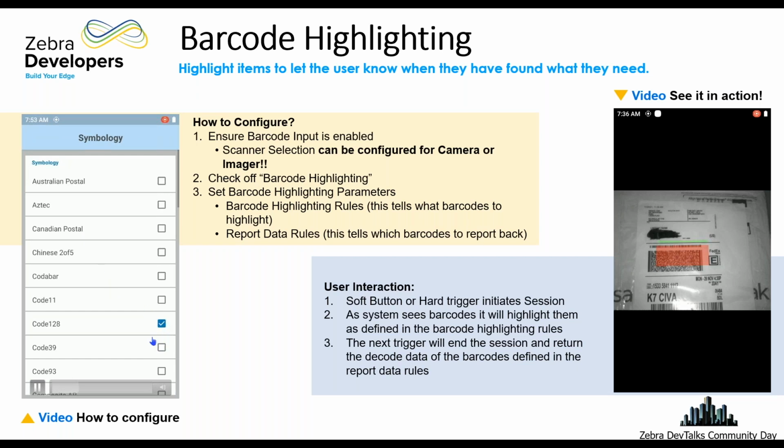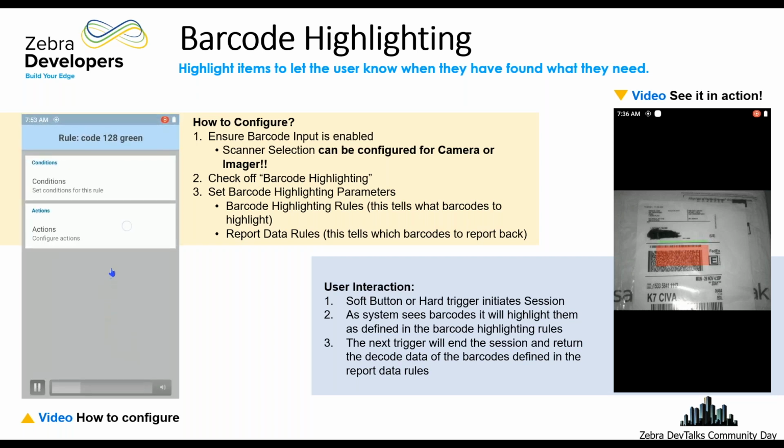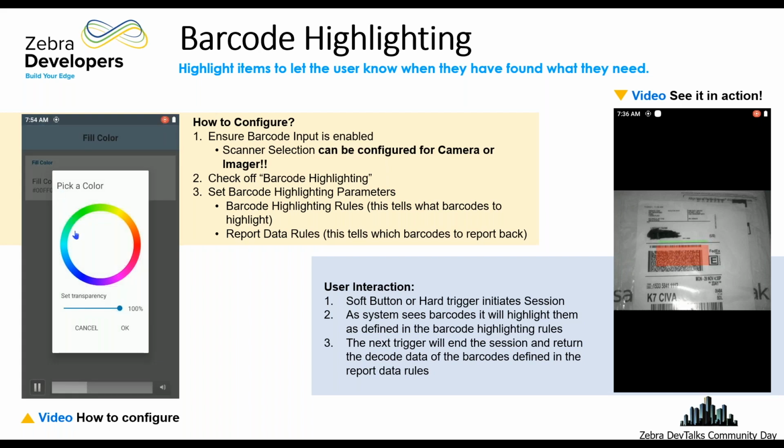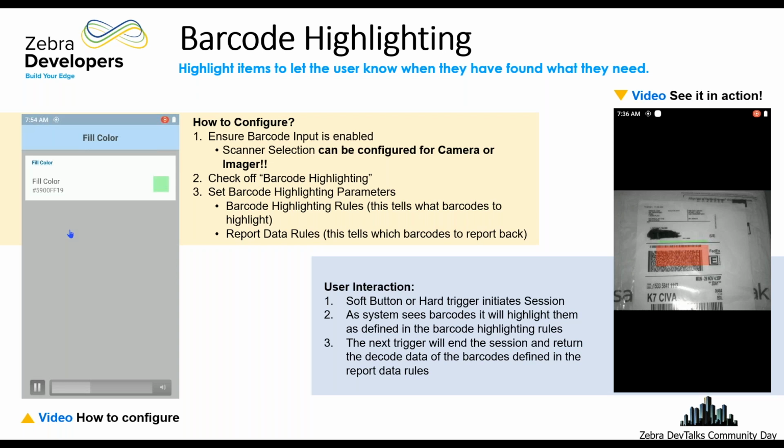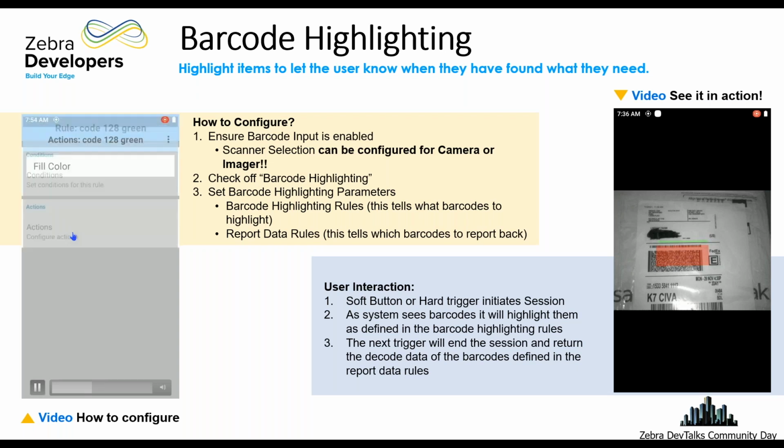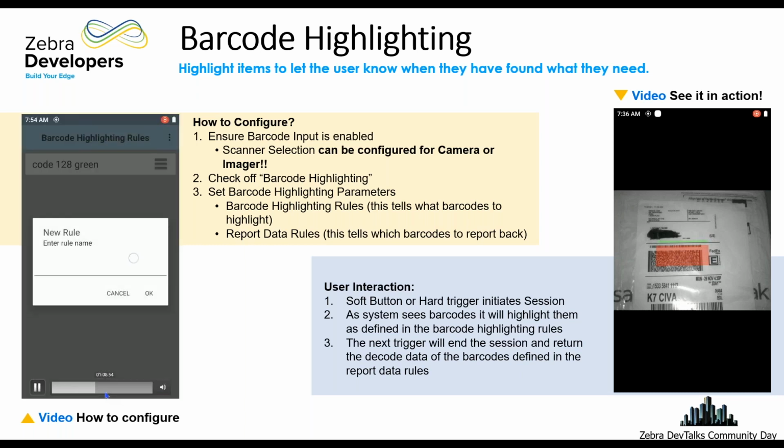We select specifically code 128 and code 39, and the action will be, we can pick a color, and that color will be green here. And there will be one more rule added for code 39.